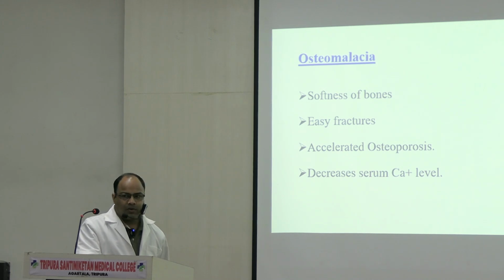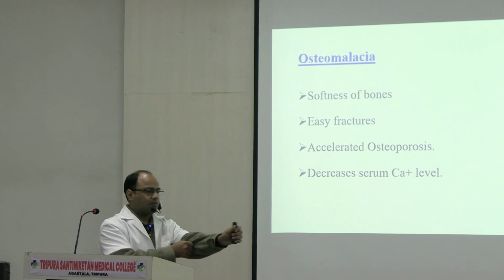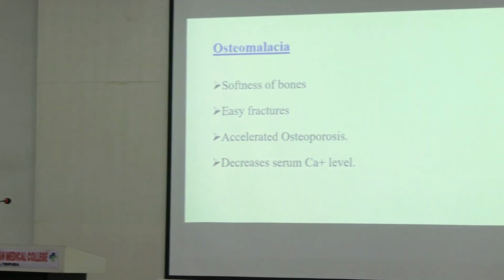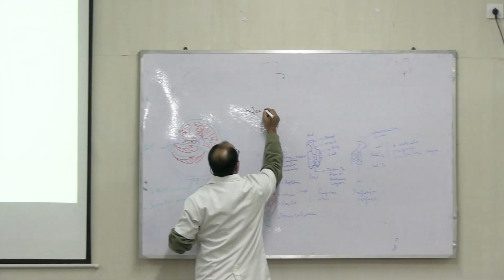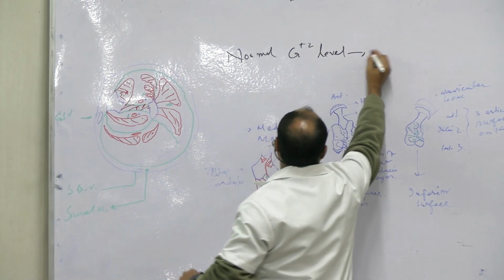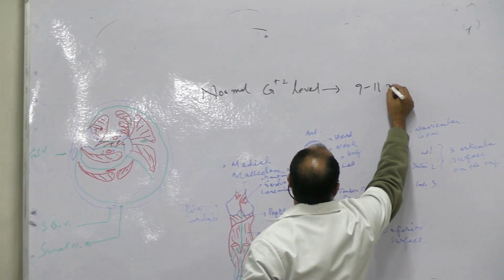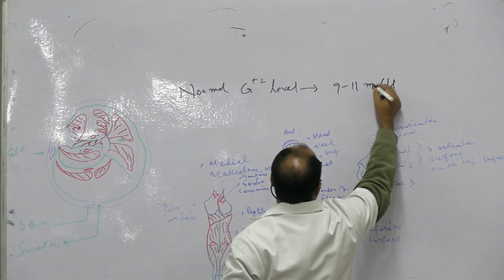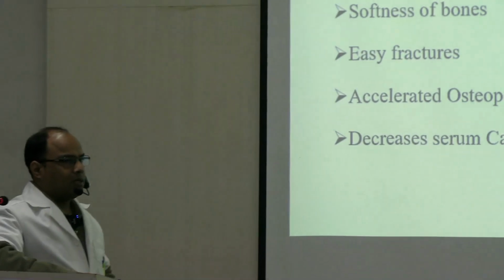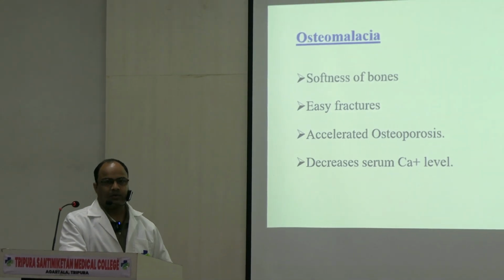What is the normal blood level of calcium? 9 to 11 milligram per deciliter. 9 to 11 milligram per deciliter blood level of calcium. In vitamin D deficient cases, there is a decreased level of blood calcium ion.